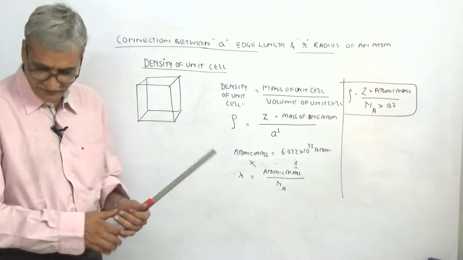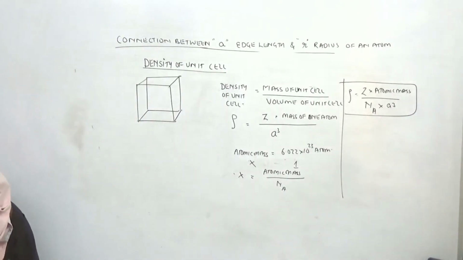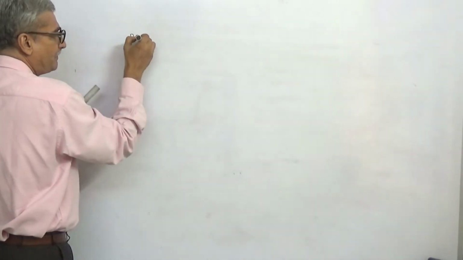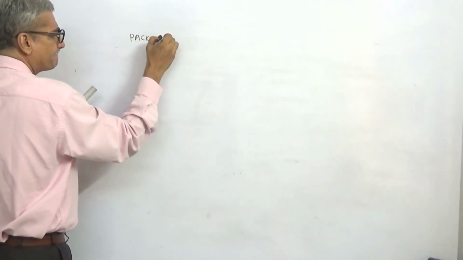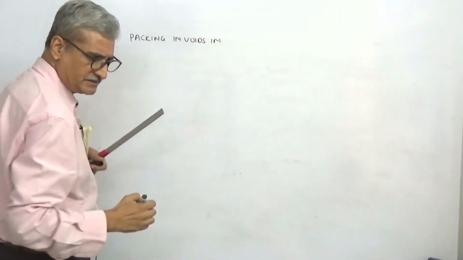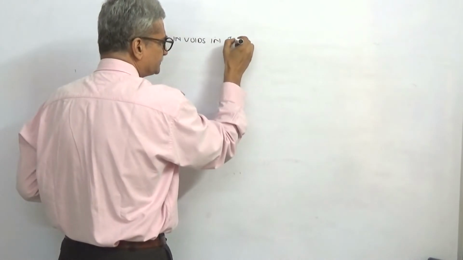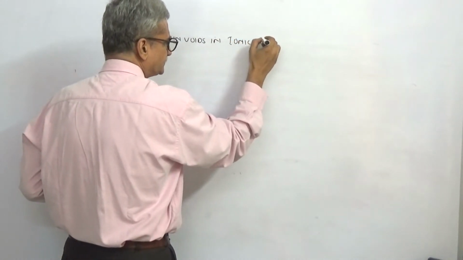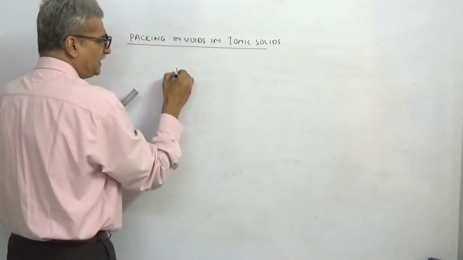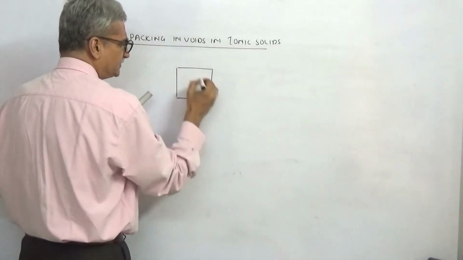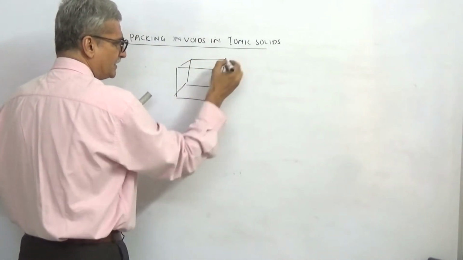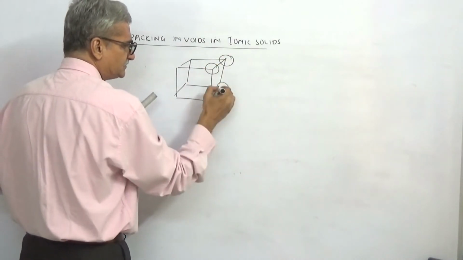So now, we have a very important rule called the radius rule. The heading is packing in voids in ionic solids. If you remember, I was telling you last time that when we take up a cubic structure, these are atoms at the corner.